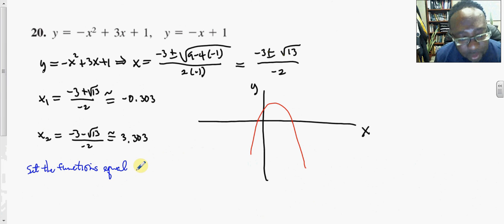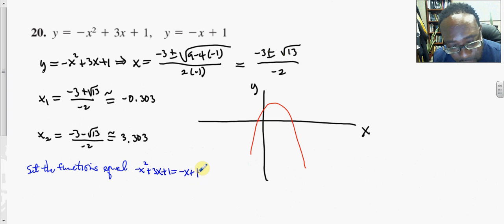We have negative x squared plus 3x plus 1 is equal to negative x plus 1.